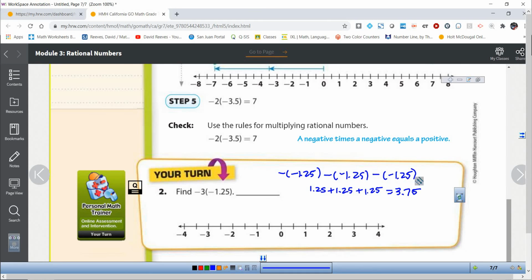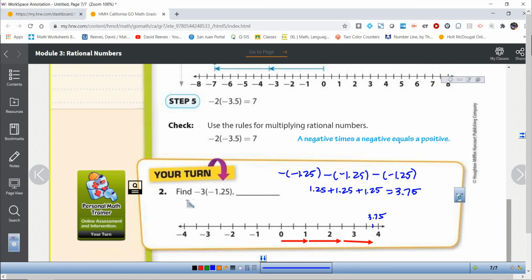So doing it my way, we would go 1.25 plus another 1.25 plus another 1.25, and we would end up right here at 3.75.